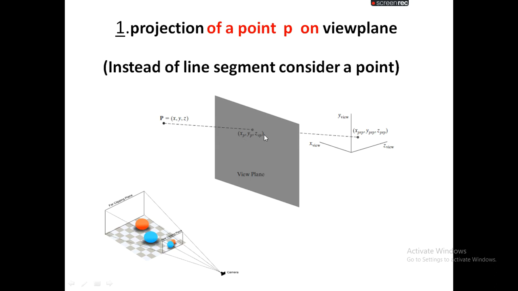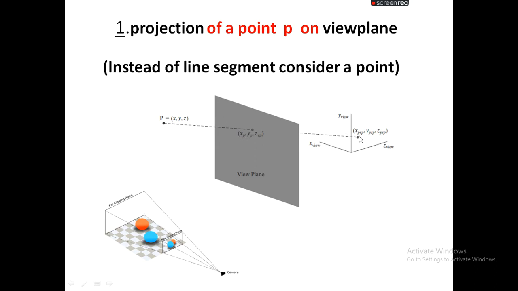As I discussed in the previous class, whenever we want to determine the position of an object on the projection plane, or in other words, if I want to translate any object in space whose coordinate position is, assume, P of x comma y comma z, onto the projection plane, then I need to determine the projection point on the projection plane, that is called xp, yp and zp.